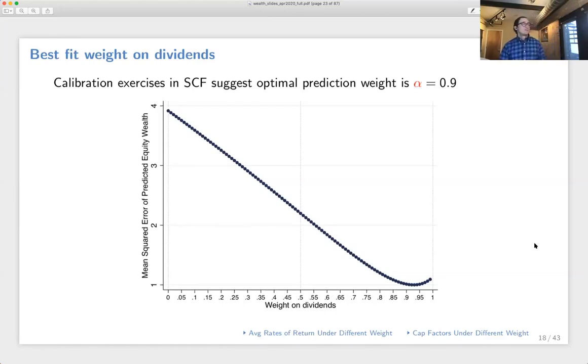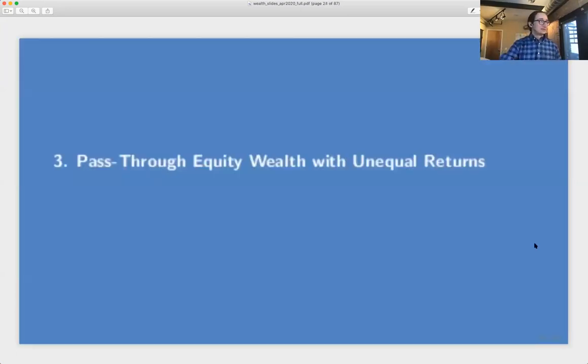What we see is that the empirical model wants us to put a lot more weight on dividends than on realized gains, for some of the reasons I highlighted. So we end up putting a 0.9 weight on dividends and a 0.1 weight on realized gains. So realized gains provide some additional information value, but not a lot.